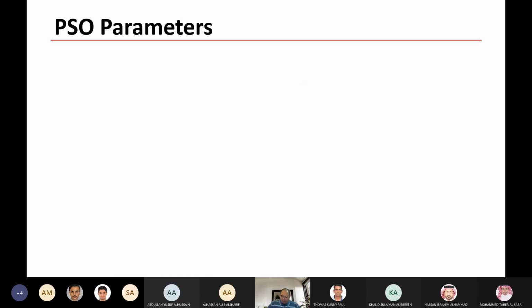What are the key parameters of the particle swarm? Key parameters that you want to set at the beginning. What do you think?